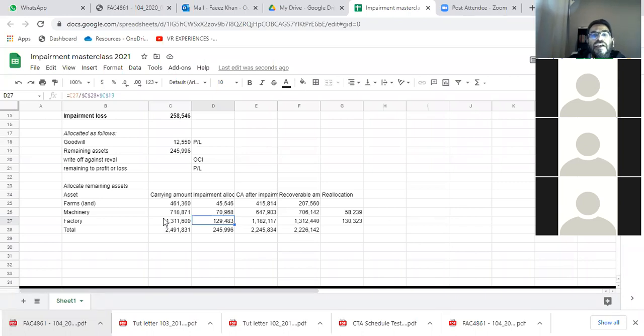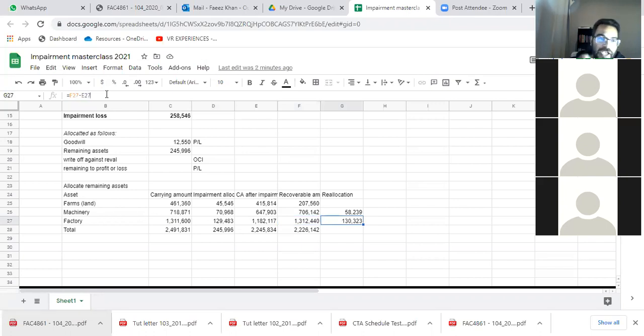But then the standard says compare the carrying amount after the impairment with its recoverable amount. Make sure that it is not less than the recoverable amount. If it is less, do a reallocation. As you can see, the carrying amount after impairment is less than the recoverable amount, so we did a reallocation.